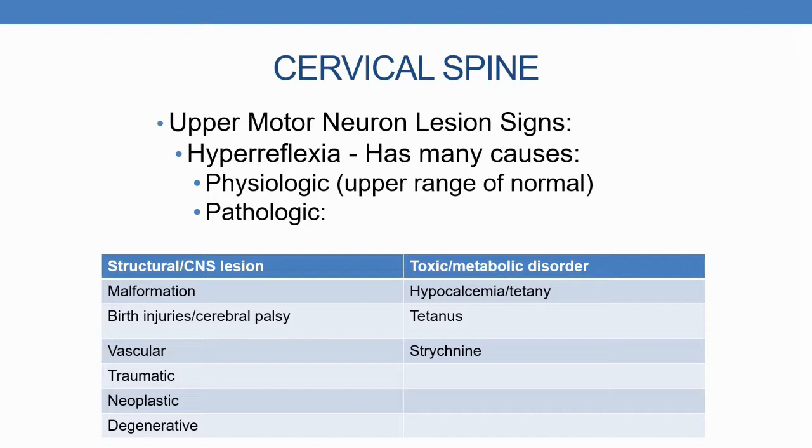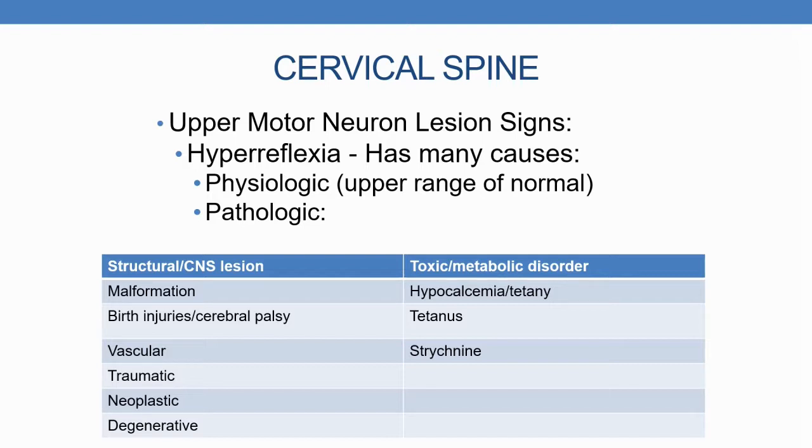Now, with increased reflexes, we call that hyperreflexia, grading in the 3 and 4 ranges. Now, there's many possible causes of hyperreflexia. First of all are the physiologic causes, meaning that it's basically considered to be normal for this particular examinee. Some people do have what you would consider to be active or overly active reflexes, but that's just typical for them.